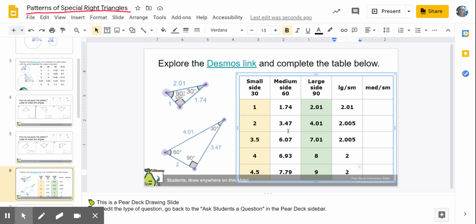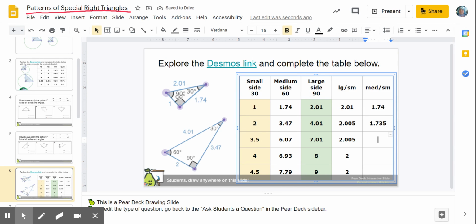we're going to find a ratio 2. So what's the medium side divided by the small side? 1.74 divided by 1 is going to be 1.74. But what's 3.47 divided by 2? 3.47 divided by 2. 1.735.